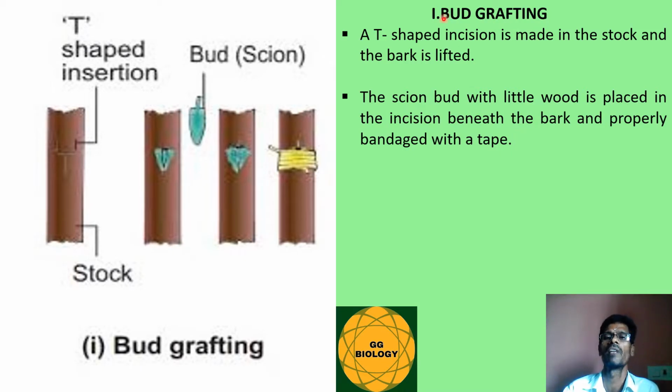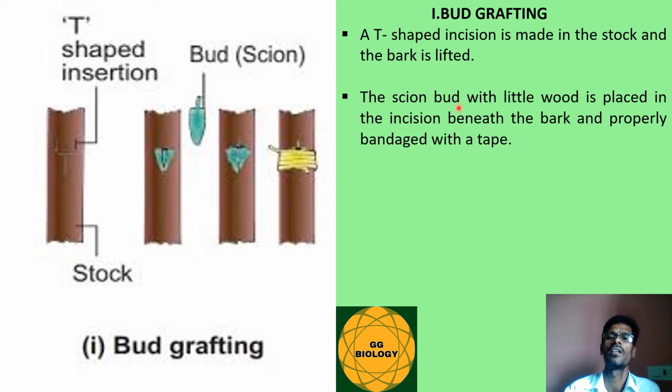In bud grafting, a T-shaped incision is made in the stock and the bark is lifted. This is the stock part of the plant, and a T-shaped incision is made and the bark is removed in this manner.